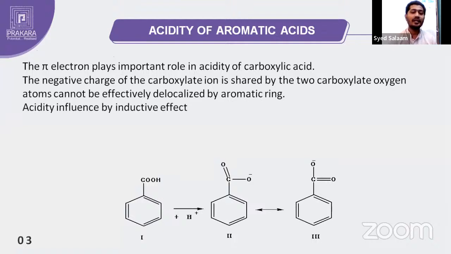So the pi electrons play an important role. Pi electrons are nothing but the double bonded electrons present in the benzene, which play an important role in enhancing the acidity of aromatic acid.